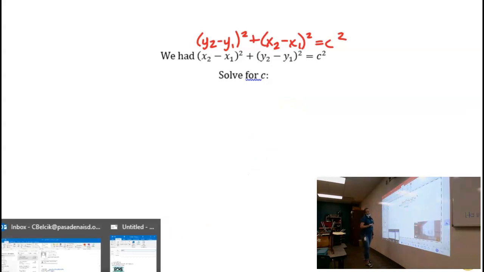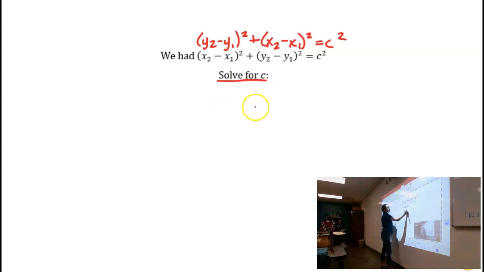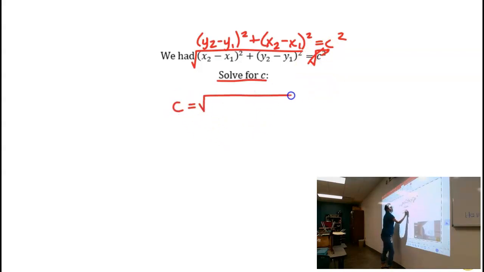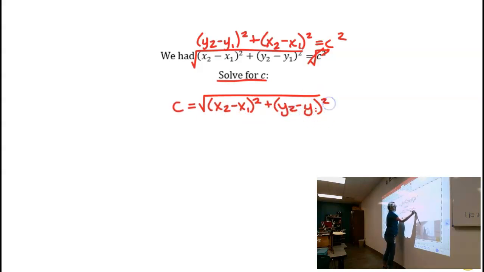But now I need to take the square root of both sides and I need to solve for c. The way I do that is to square root this side and to square root this side. Now that I've square rooted a square, these will cancel out. I'll have c equals the square root of x2 minus x1 quantity squared plus y2 minus y1 quantity squared.